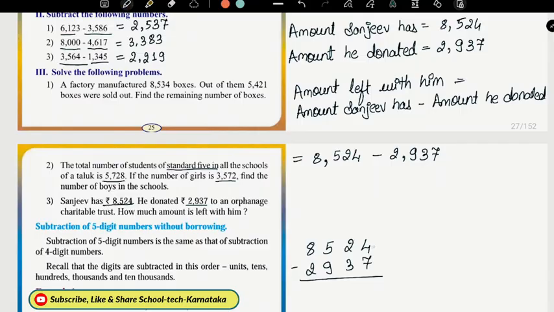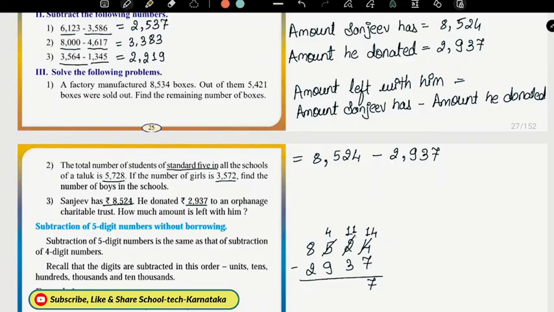Since 4 is less than 7, we borrow 1. So this will become 1 and this is 14. So 14 minus 7 is 7. Now 1 minus 3. As 1 is less than 3, we borrow 1 from the next place. So this becomes 4 and this becomes 11.